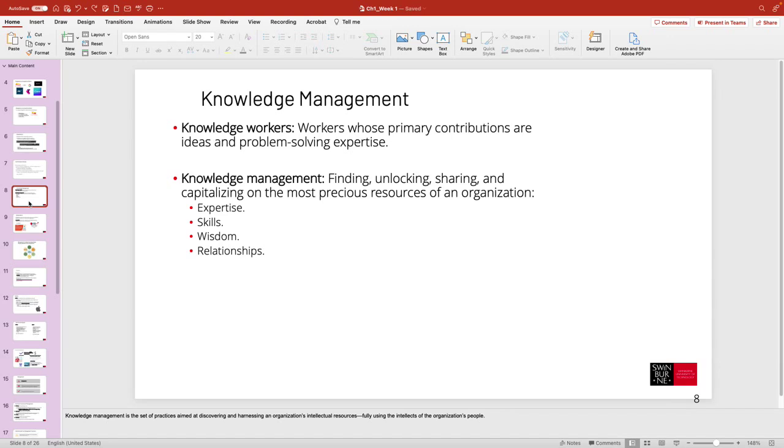Knowledge workers are primarily dealing with creating new ideas, and they are also involved in problem solving. So they bring their expertise into organizations to create knowledge and use that as one of the competitive sources as well, because, as you know guys, the employees can make or break organizations.